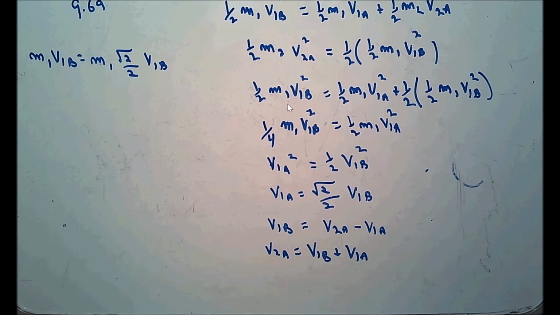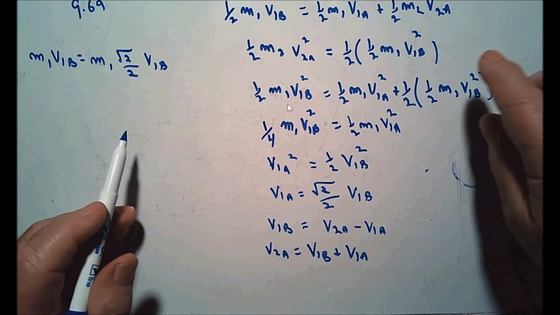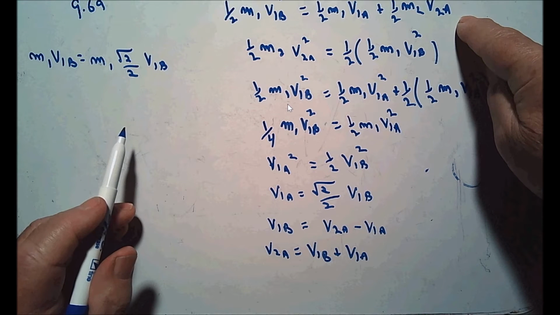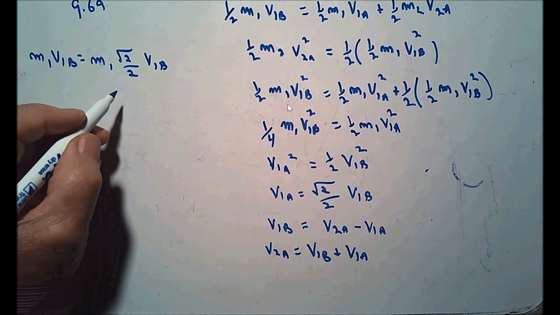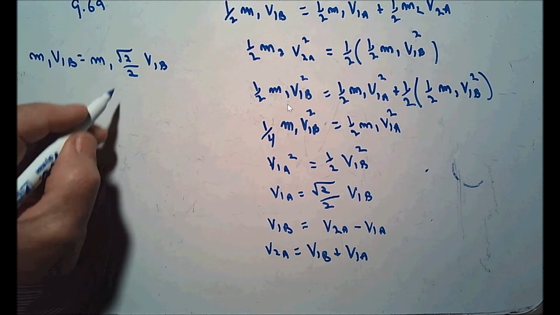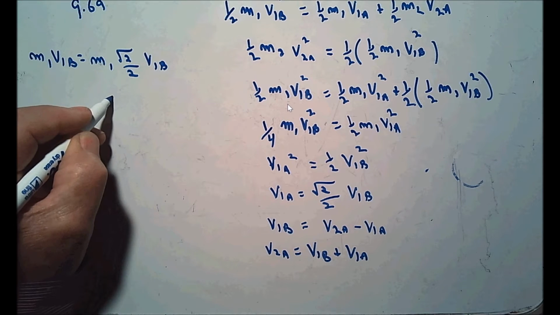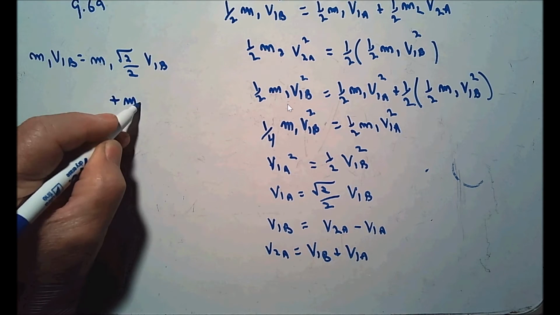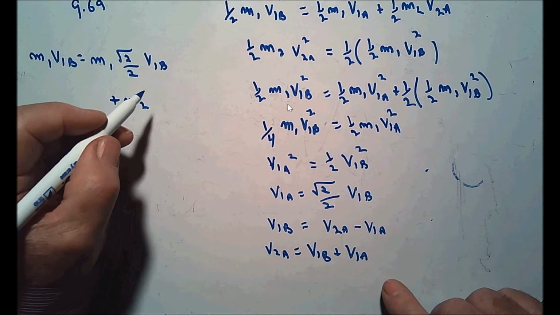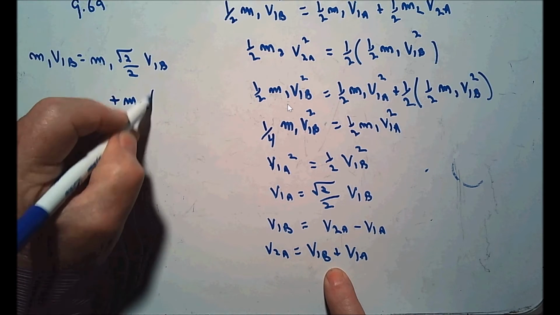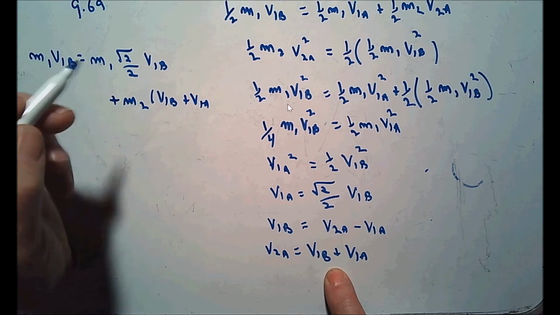So that helps. And then I've got to use this information right here to finish out this term, the term in the conservation of momentum, which is plus M2 times V2 after, but we just found that V2 after is V1 before plus V1 after.